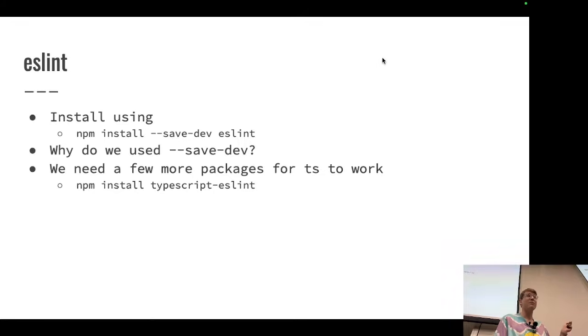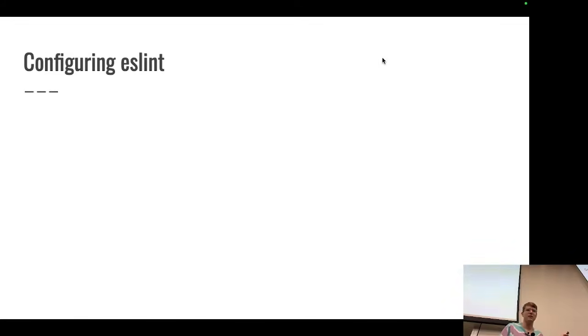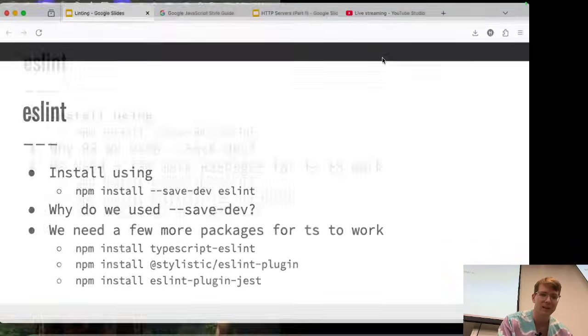Specifically, we need a TypeScript ESLint, which is a wrapper around ESLint that allows it to work for TypeScript. We also need to install the stylistic plugins so that we can check code style as well. Some more style rules are in that package. And we also need to make it work with Jest, because Jest is something we'll be using a lot of. So let's run these 3 commands as well.